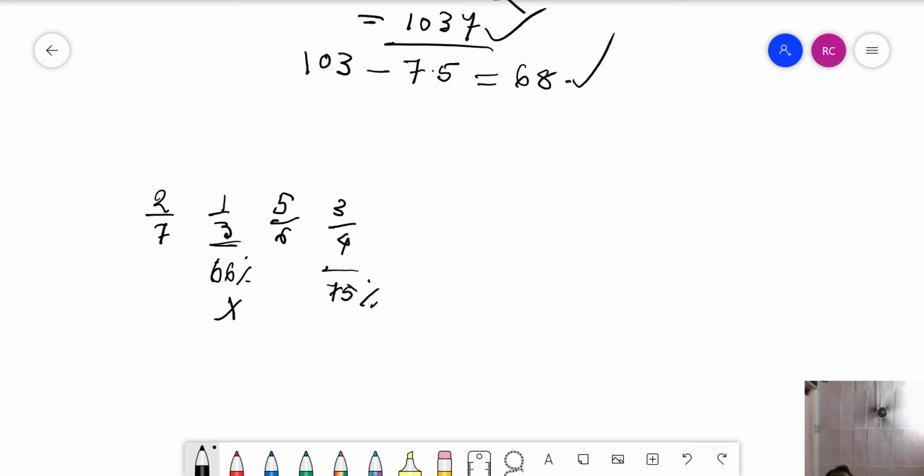So this is clearly out, and this is even less, so this is out. Now we have this and this, and the difference between the numerator and the denominator is the same in both. However, the denominator is greater here, so this is greater than 3 by 4. Hence 5 by 6 is the greatest.